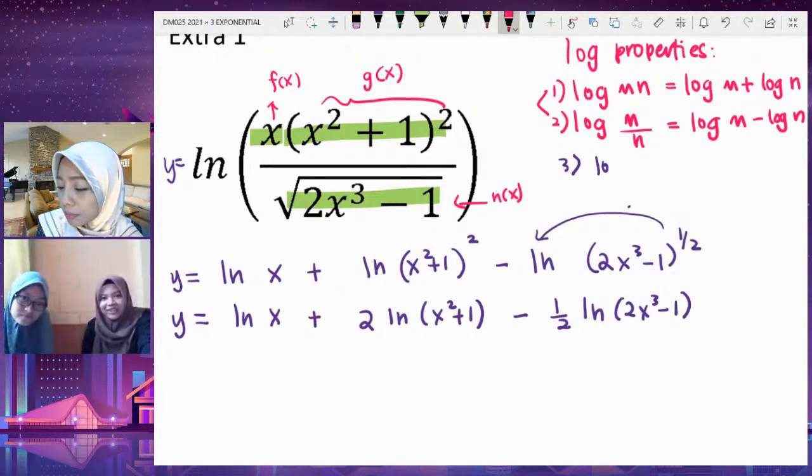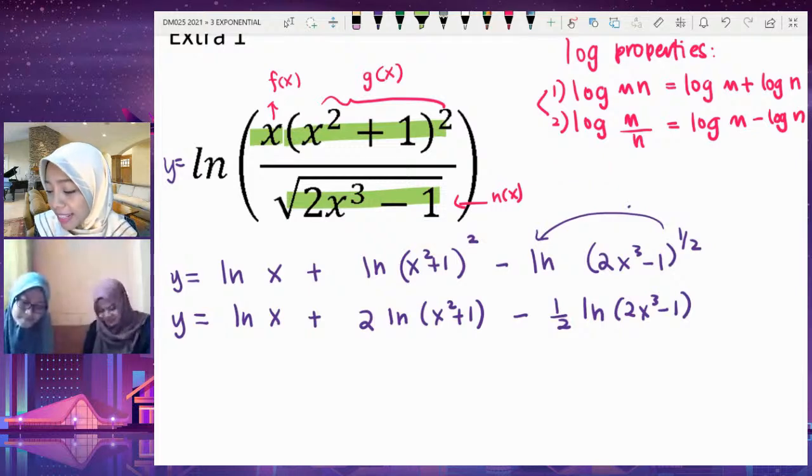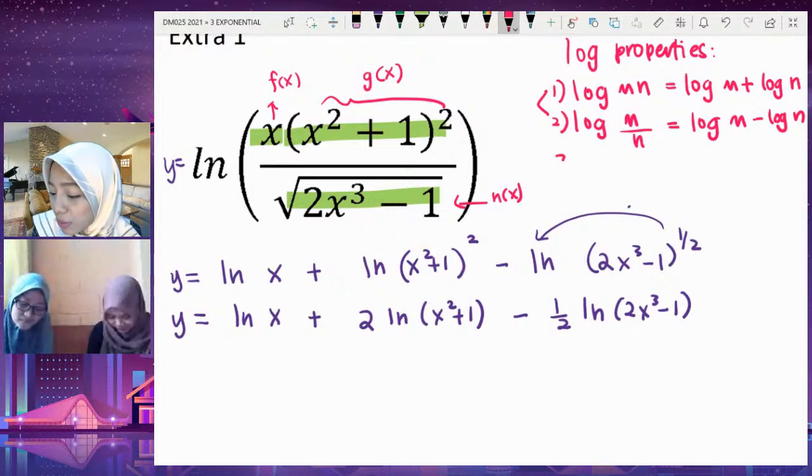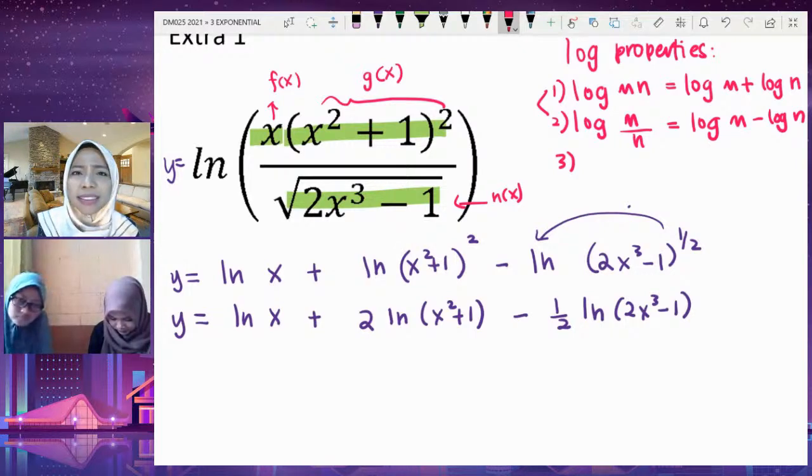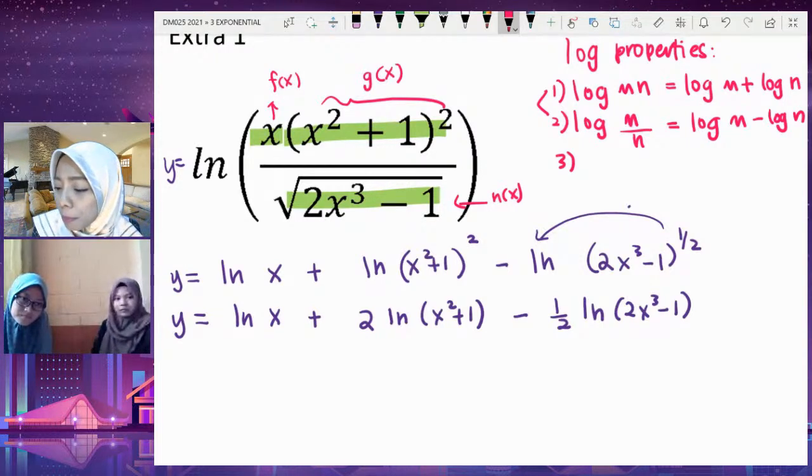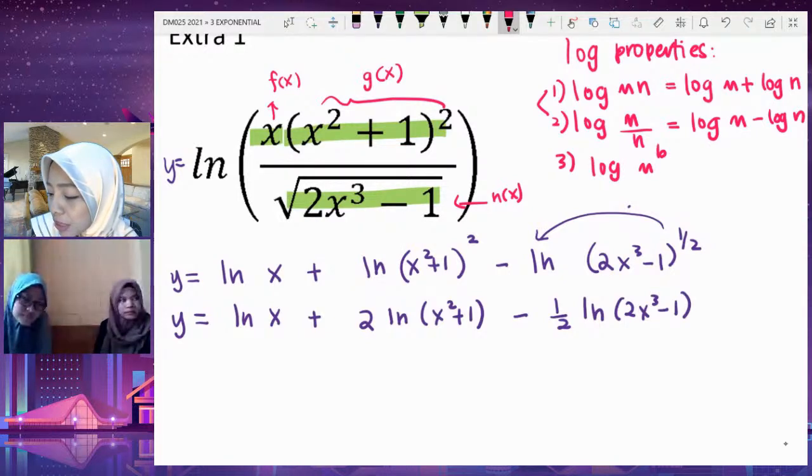Bring power to the front. Yes, you bring power to the front. So differentiation for log function is not basically quotient and product rule semata-mata, tidak. It's a lot easier sebab you are using log properties. Log m to power of b is equals to b log m.